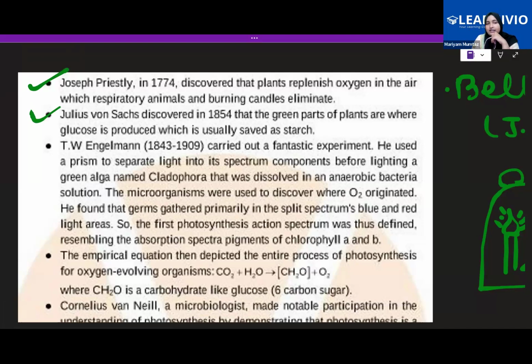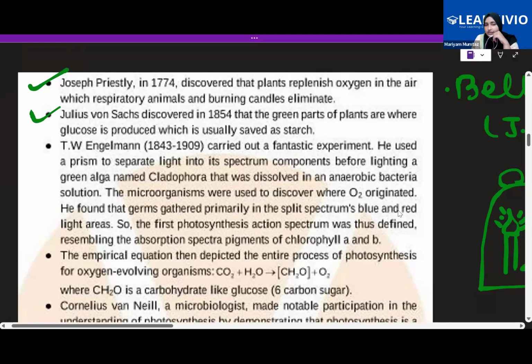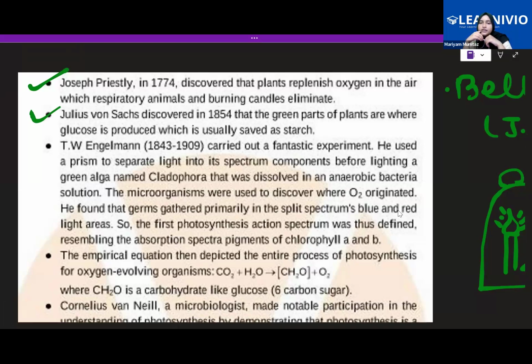For that, microorganisms were used to discover where the oxygen originated. He used the green alga and a few aerobic bacteria. The slide says anaerobic, but it should be aerobic bacteria, because these bacteria utilize the oxygen.